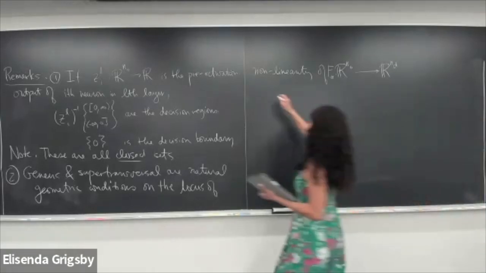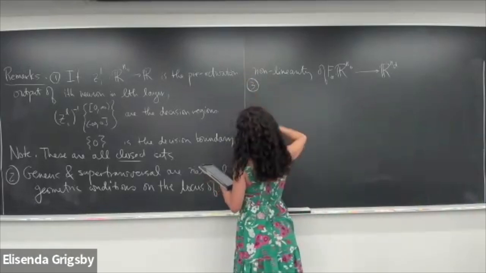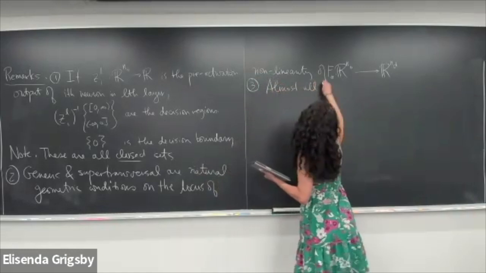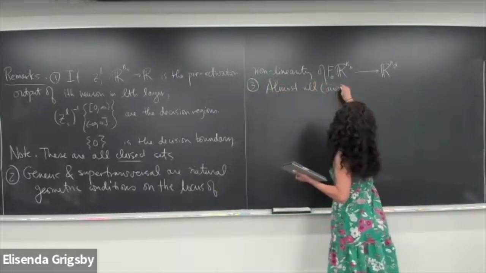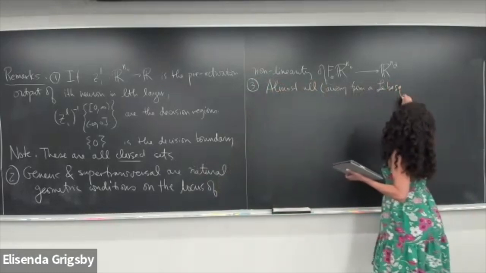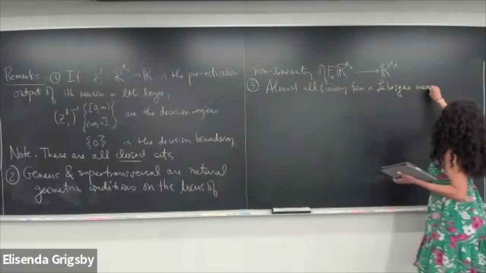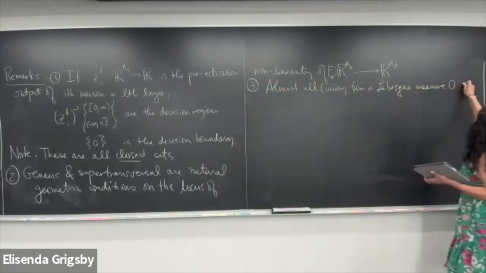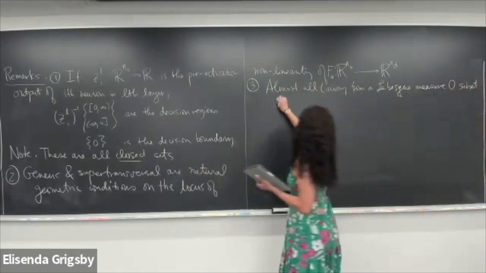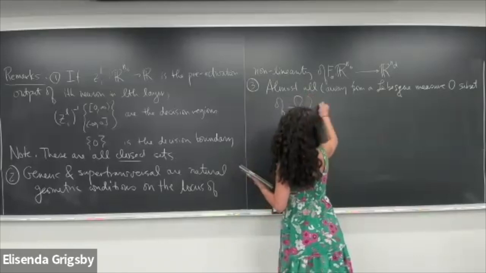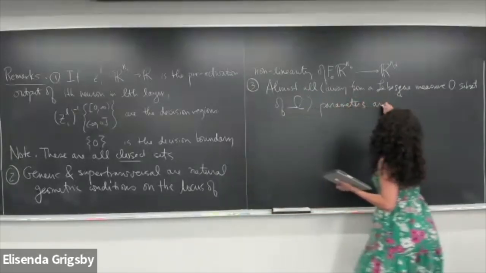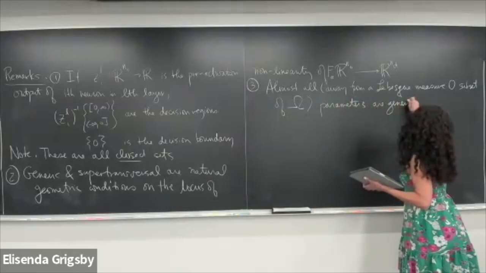And then the other thing that I want to write down, that I said, is that almost all, i.e. away from a Lebesgue measure 0 subset of parameter space, parameters are generic and supertransversal.